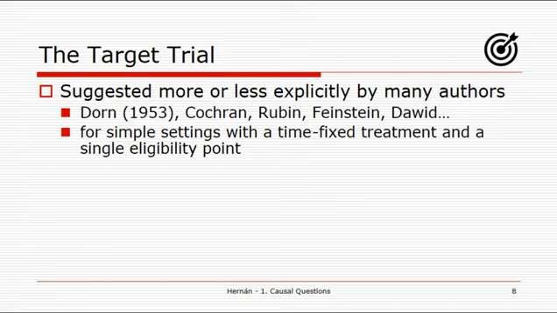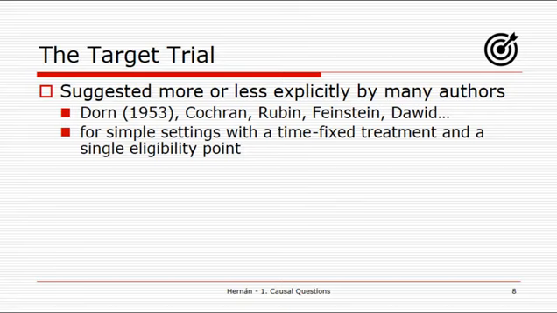Dorn, a statistician at NIH, was talking very explicitly about this hypothetical experiment, although he didn't call it a target trial, but that was the same concept. Bill Cochran at Harvard in the 60s was talking about the target trial.